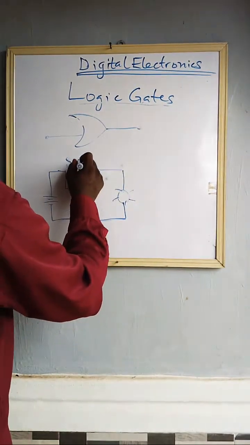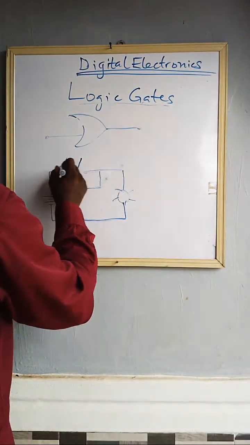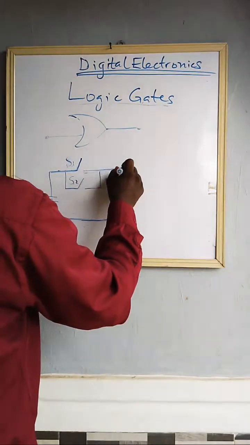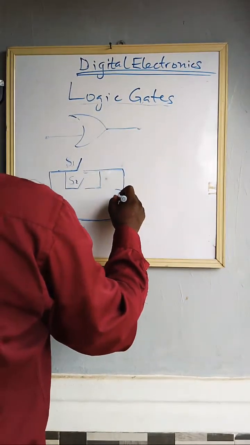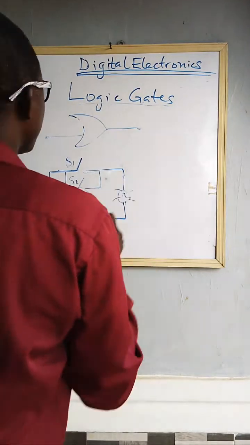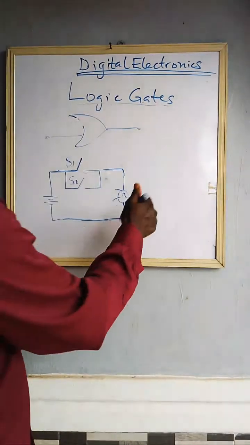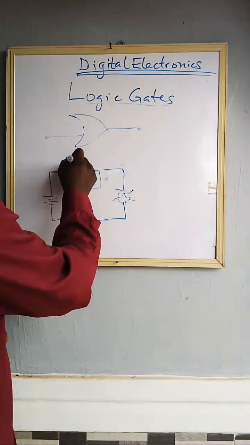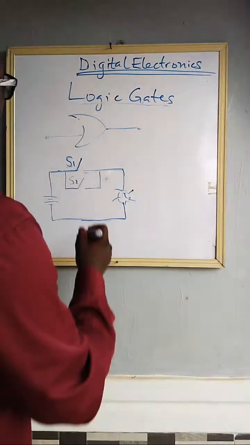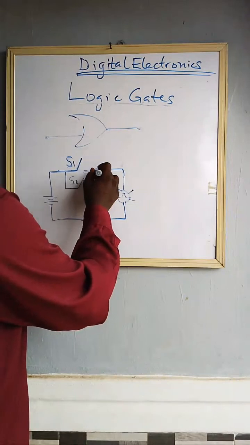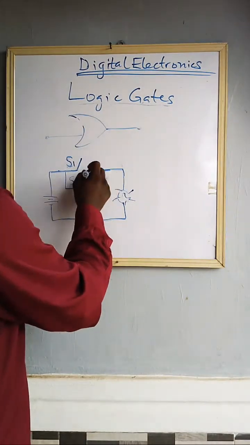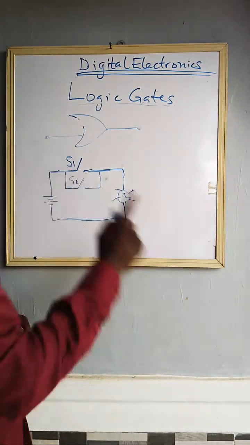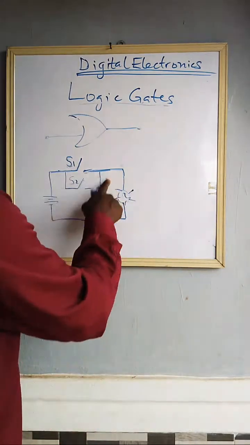Okay, this is the lamp. We want to turn it on. Before this lamp can turn on, we need this circuit to be completed. How do we complete this circuit? We can complete it by turning either switch S1 or switch S2 on.